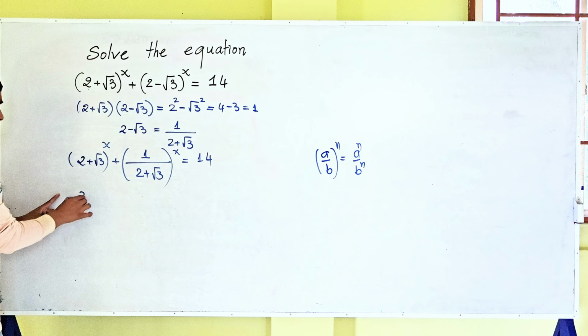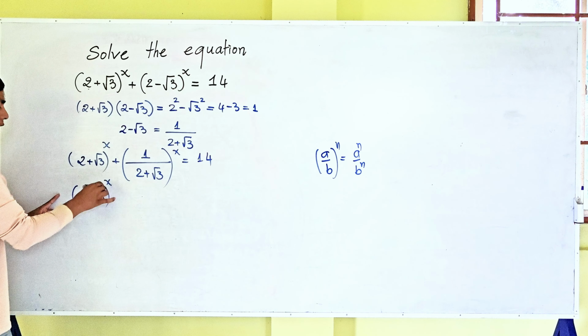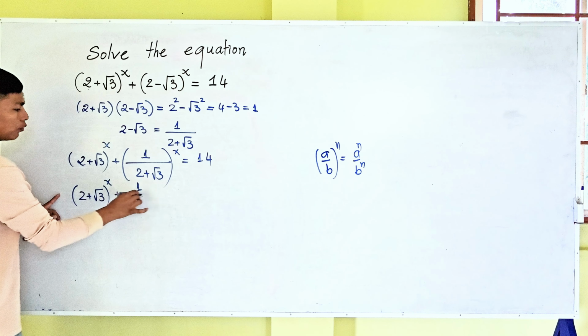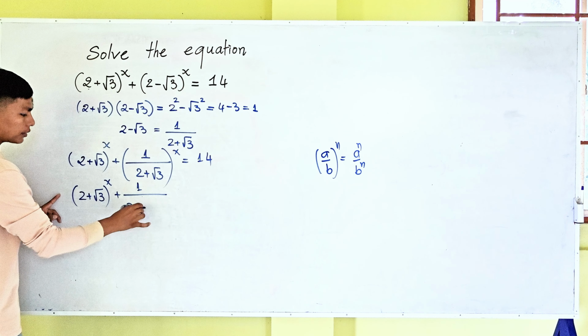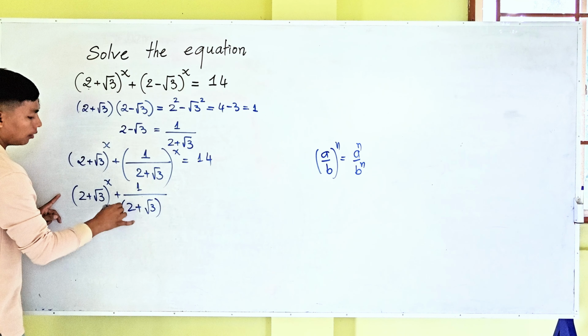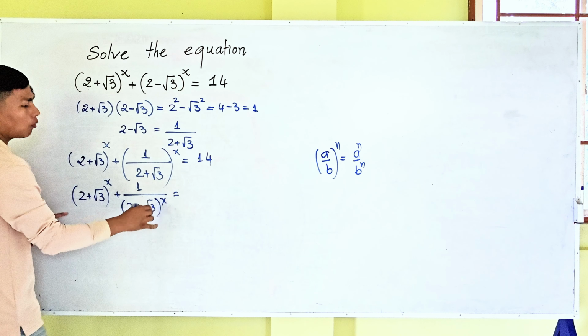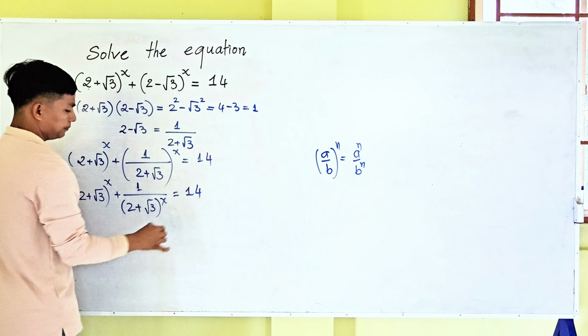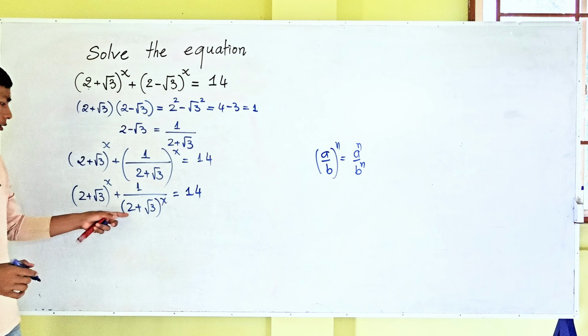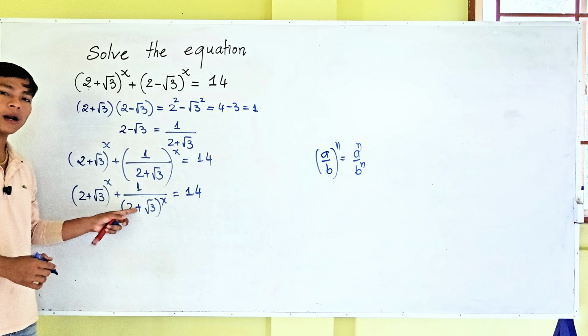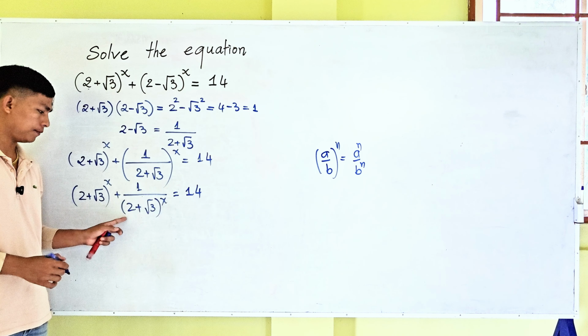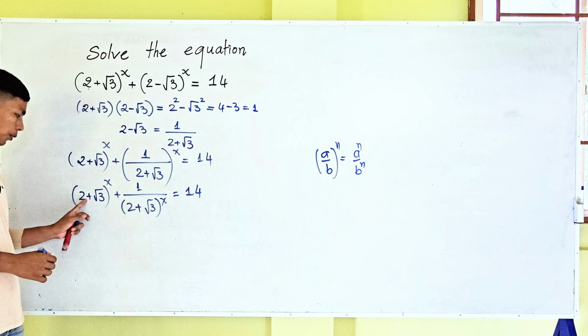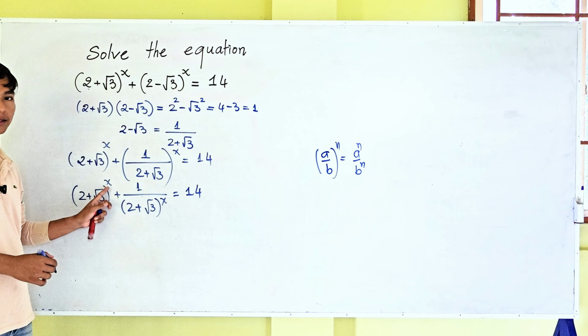We get (2 plus square root 3) to the power 8 plus 1 divided by (2 plus square root 3) to the power 8 equal 14. Look, here (2 plus square root 3) to the power 8, and here (2 plus square root 3) to the power 8.